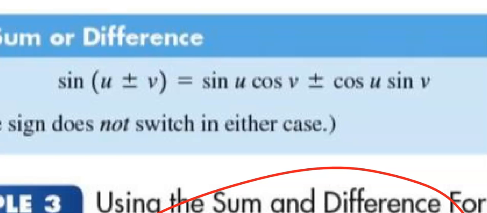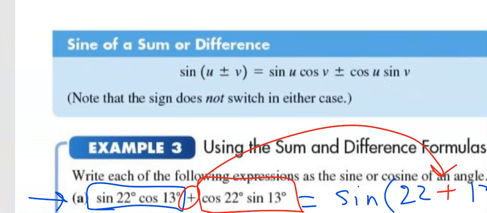Yeah, your cosine sum formulas and sine sum formulas, and then tangent sum formulas and difference formulas are on your formula sheet. Does that help? Okay.